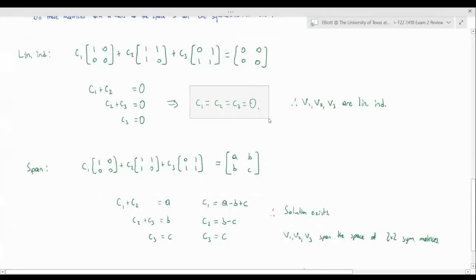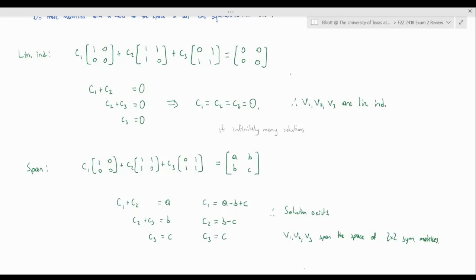Now, when you're solving the system of equations, there are going to be two possibilities. Either this is your only solution, and that would mean that they are linearly independent. If this is not the only solution, then that means you have infinitely many solutions instead. So seeing infinitely many solutions would be the indication that they are not linearly independent.